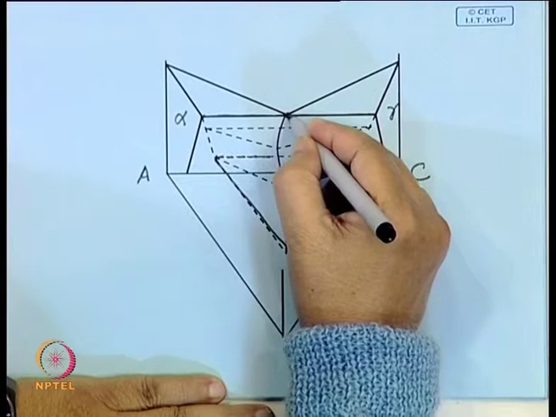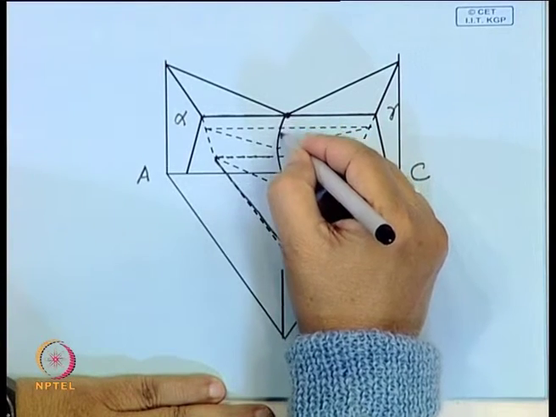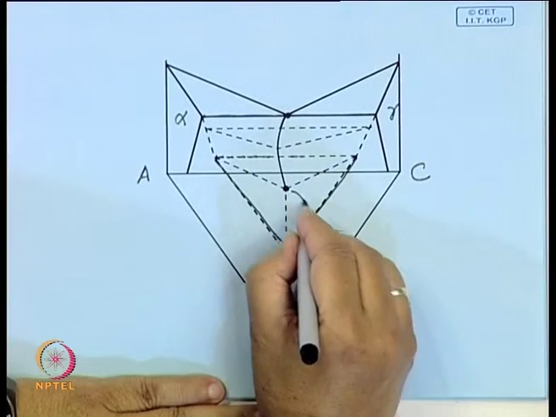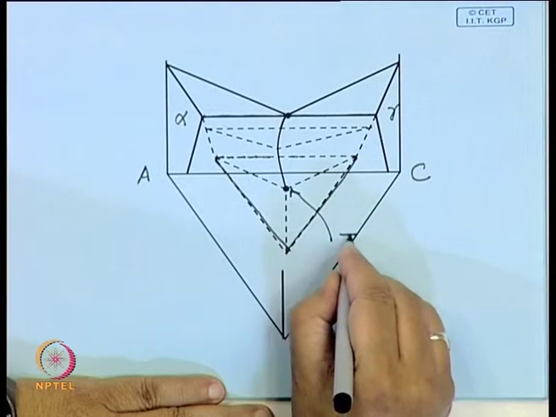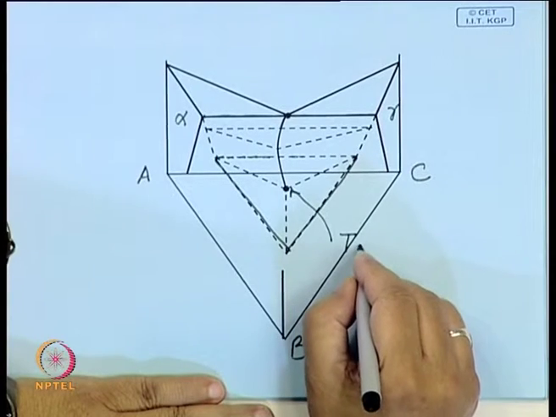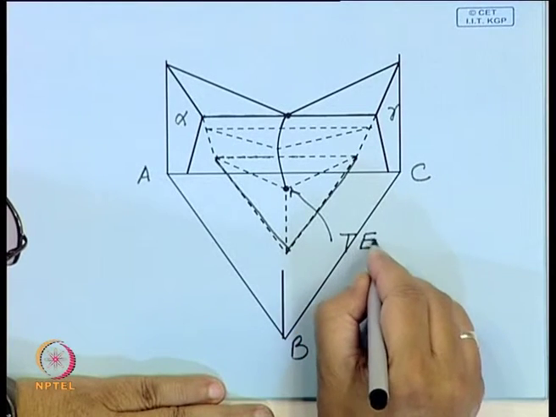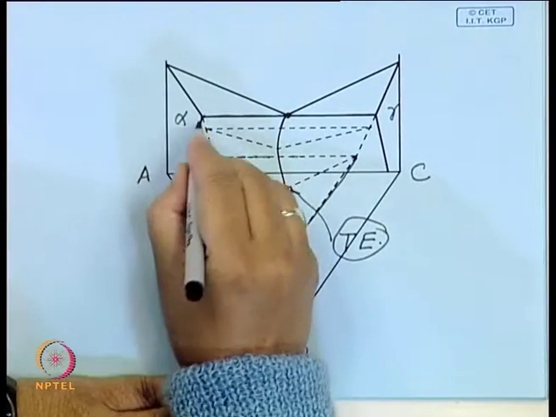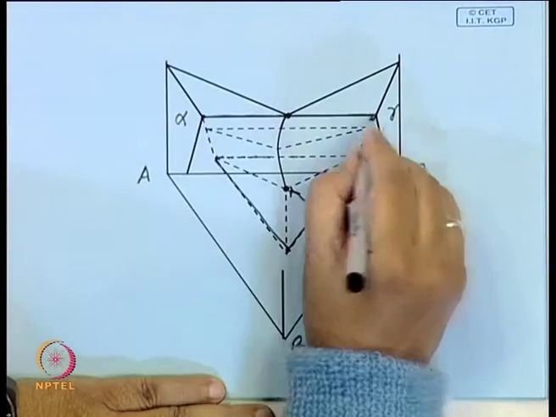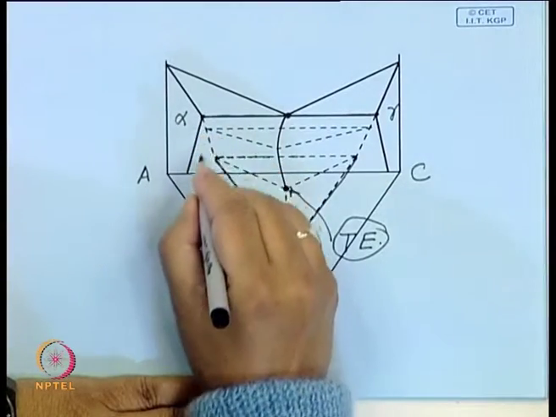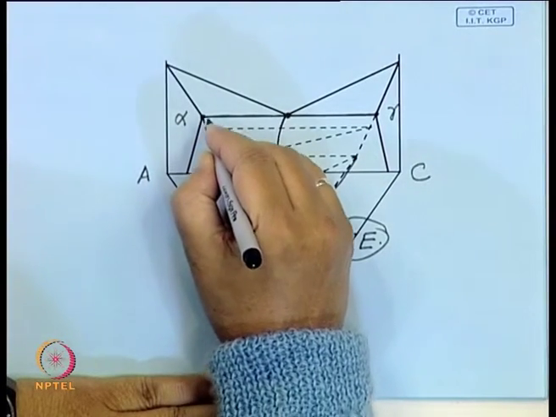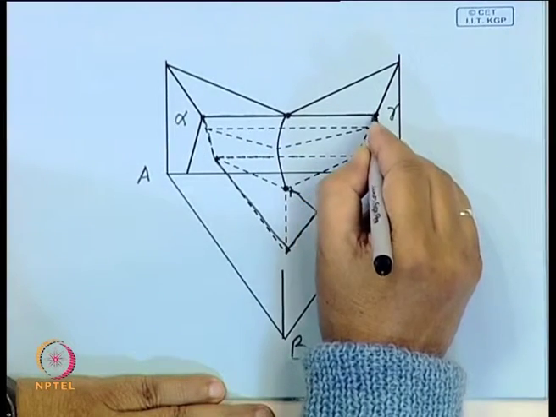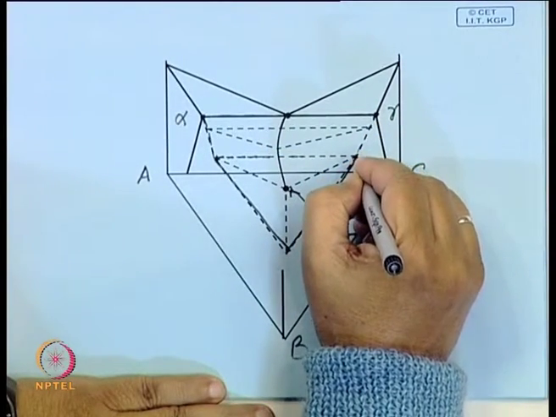Now, this point comes down and meets at this point, which is the ternary eutectic, TE, the ternary eutectic point, and this point represents the solubility limit, and this solvus line also comes and meets the isotherm at this point.